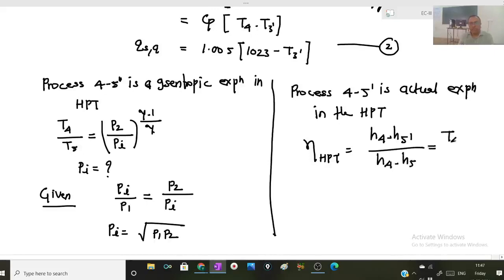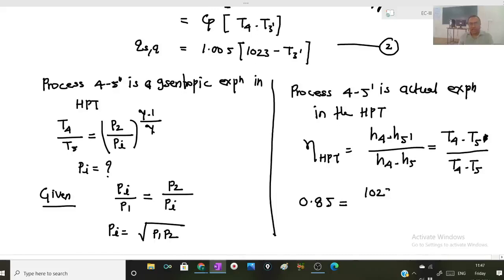This will be T4 minus T5 dash to T4 minus T5. Now here, it is not mentioned in the problem, the efficiency of HPT and LPT. So for both turbines, I am considering isentropic efficiency as 0.85.